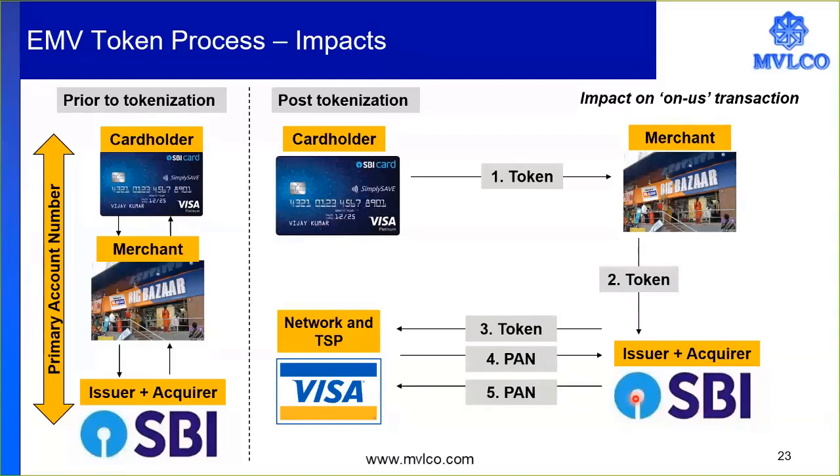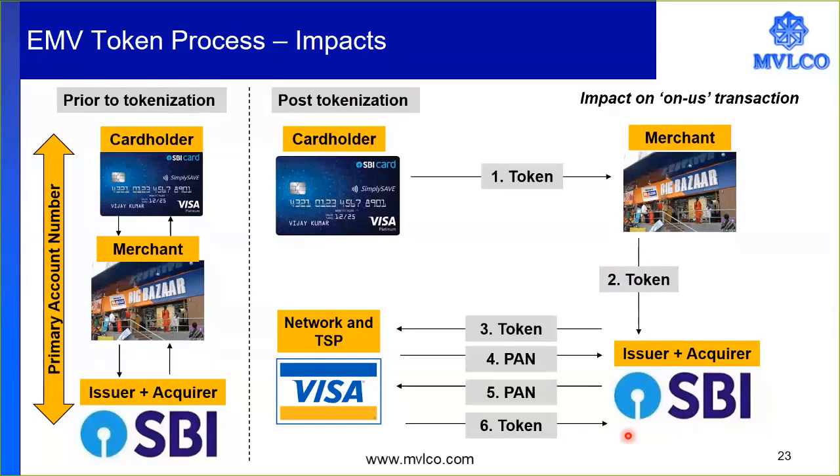Again, in responding to this message, he would have to use PAN because now he is playing the role of issuer. So he responds back with the primary account number. However, if it has to go back to the merchant or to the acquirer, it has to be re-tokenized. So Visa would re-tokenize it and send it back to SBI. Now SBI is acting in the role of acquirer and receives the response as transaction approved or rejected.